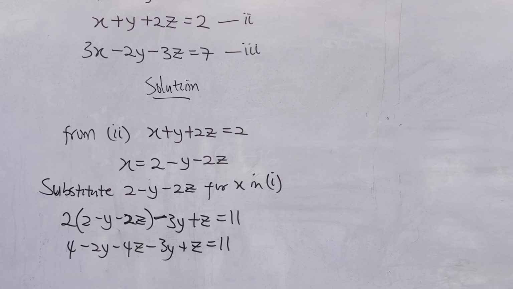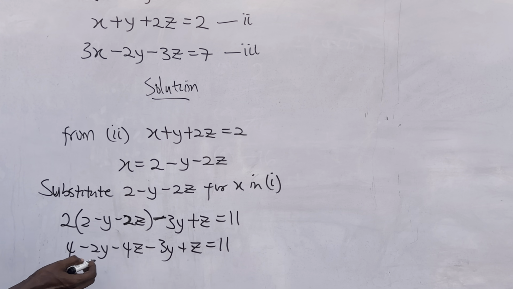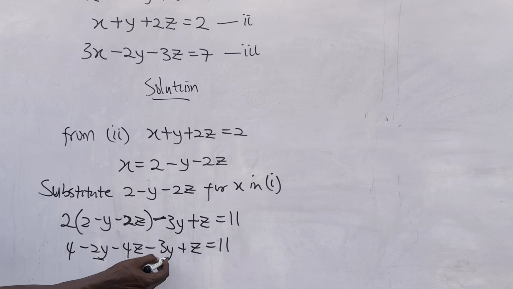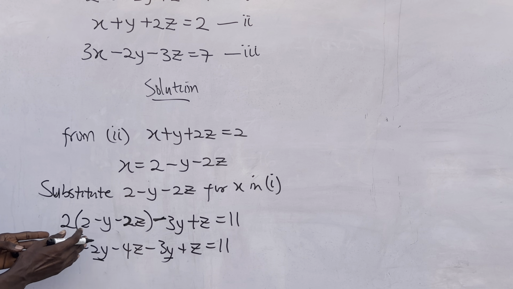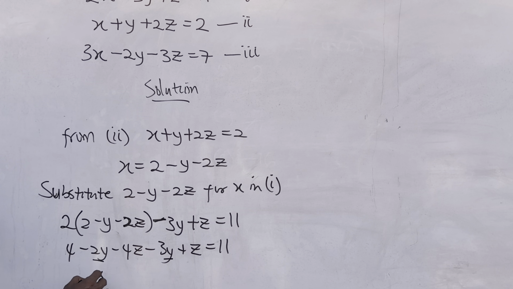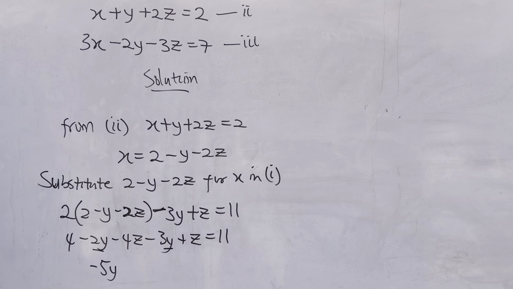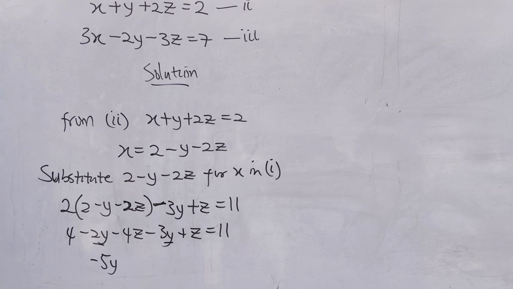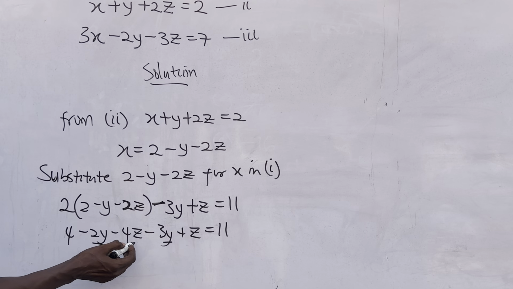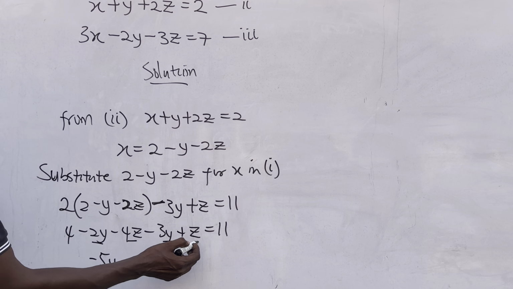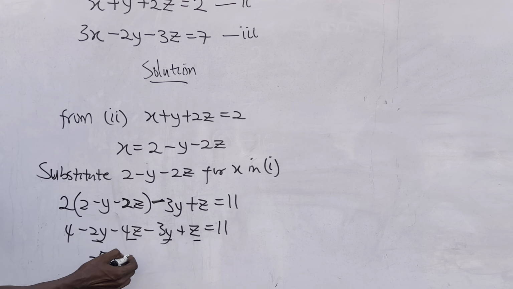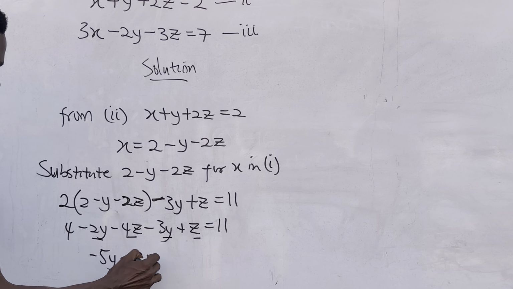So looking at y, here we have minus 3y and minus 2y. If we combine them, that gives us minus 5y. So let's look at z. We have minus 4z plus 1. So minus 4 plus 1, that's minus 3z.